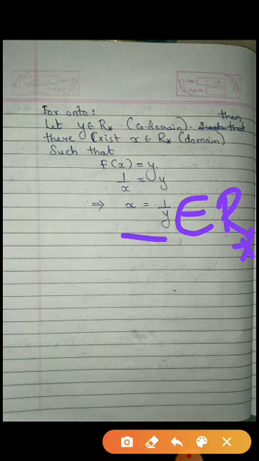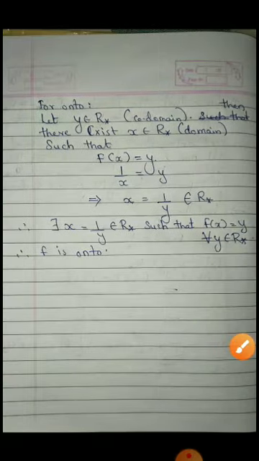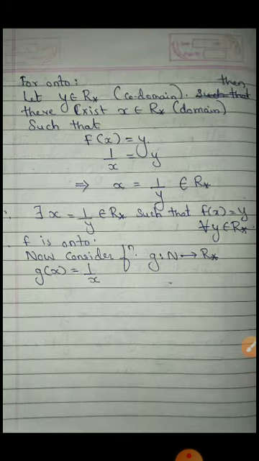So the value of x is a member of the domain and hence it will be an onto function. I have got the existence of x as 1 by y in the domain such that f of x equals y and hence f is onto. So can I say that it is a bijective function? Yes.